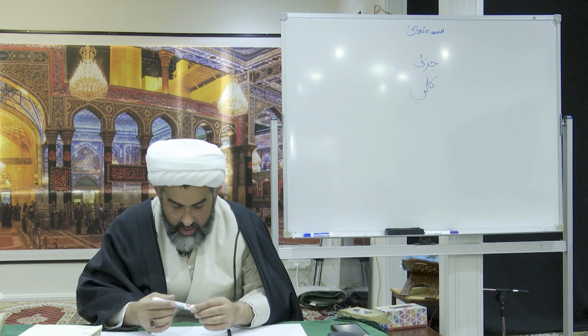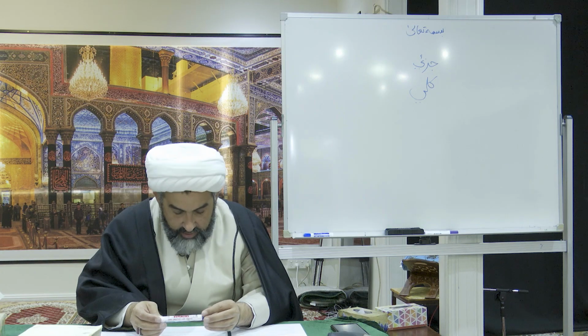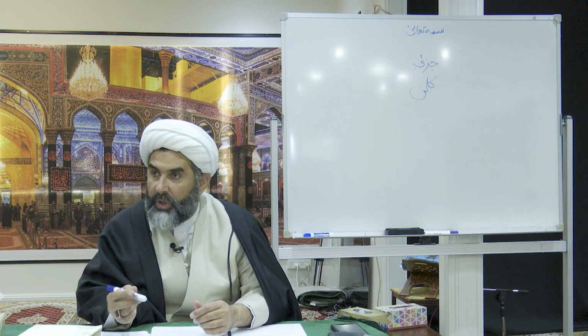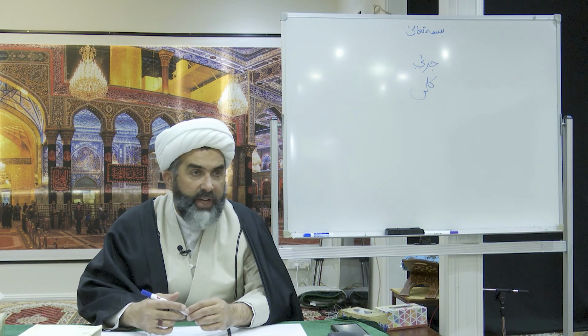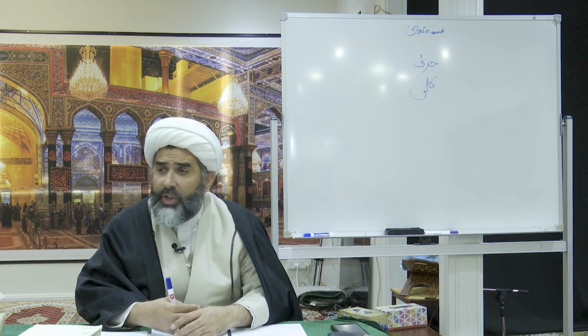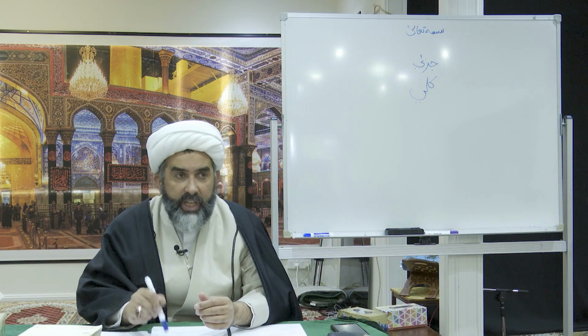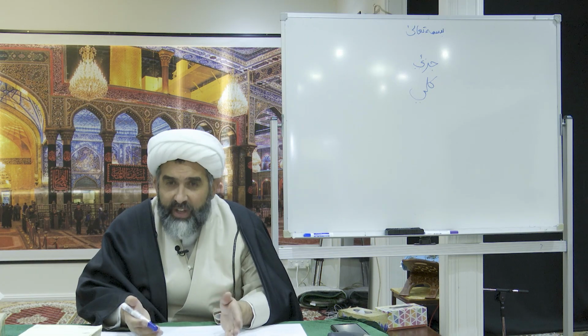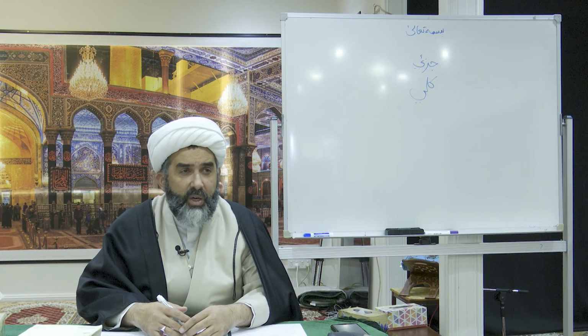Here, it's also not very universal, because not every ruler is just, and not every human is an actual, bil fi'l, writer. Every human has potential to be a writer, but not in actuality, not bil fi'l, right?